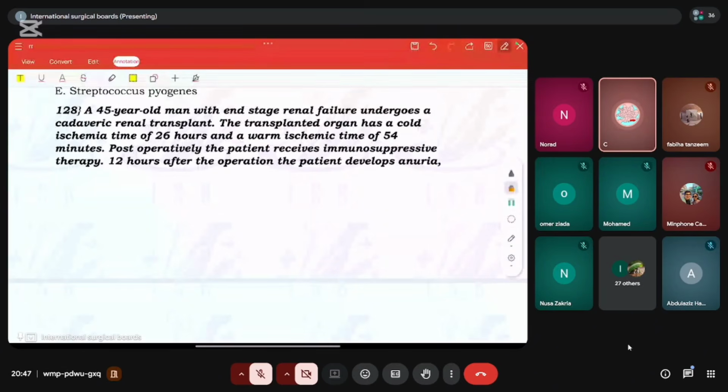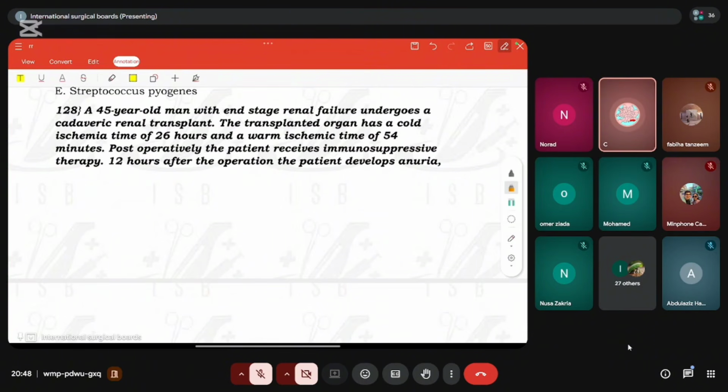A 45-year-old man with end-stage renal failure undergoes a cadaveric renal transplant. The transplanted organ has a cold ischemia time of 26 hours and a warm ischemia time of 54 minutes.